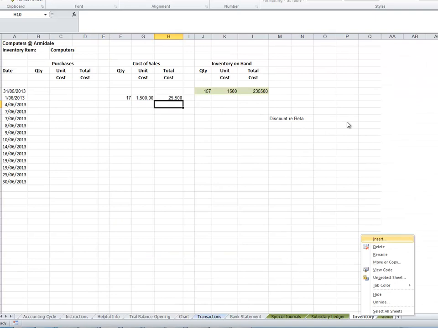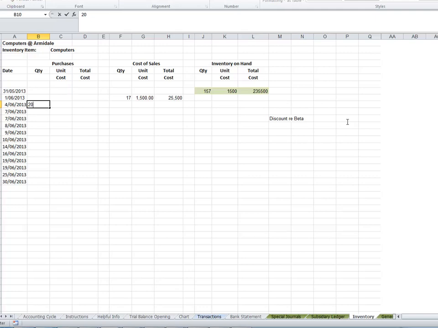So 4th of June, quantity 20 computers, unit cost 1,660, total cost equals 33,200. Righto, there's a few things that I haven't done over here, which I didn't last time, so I better do that.